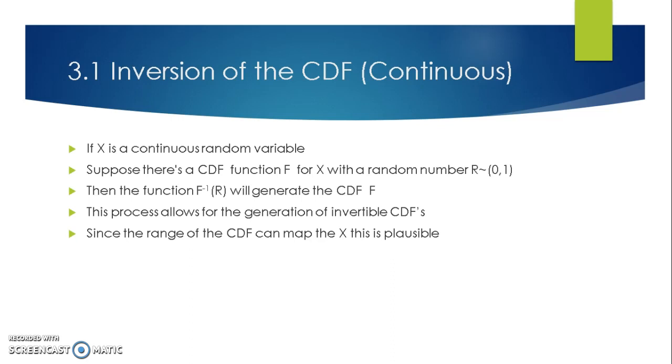Let's say that we have an X that is a continuous random variable generated from a continuous CDF with the function F, and that we have a random number between 0 and 1 that's uniform.